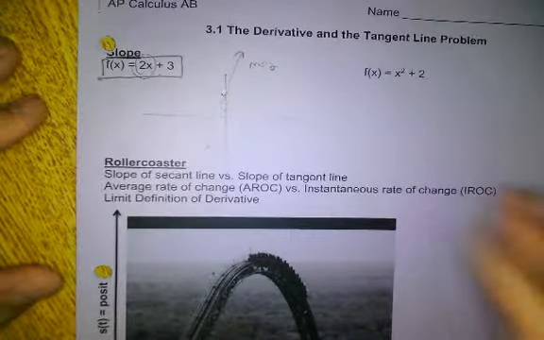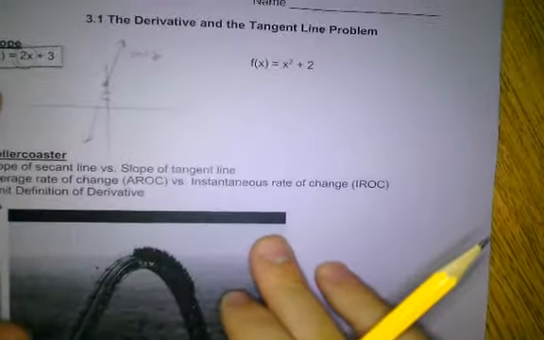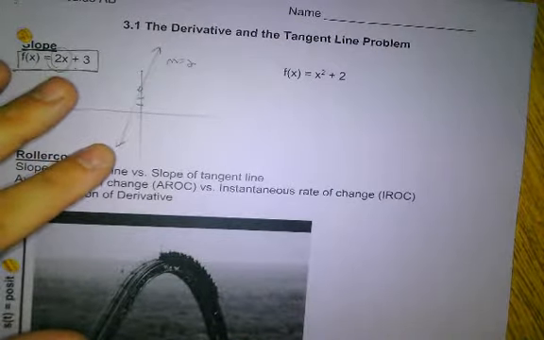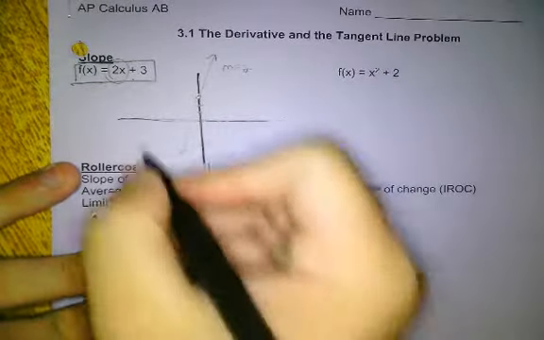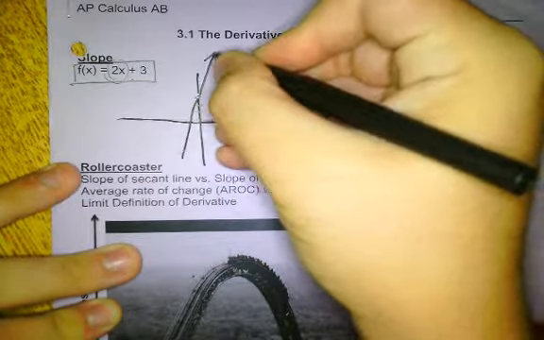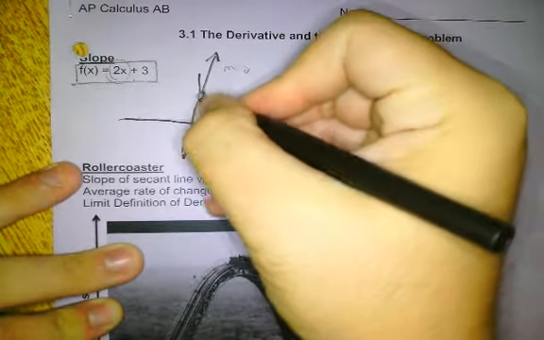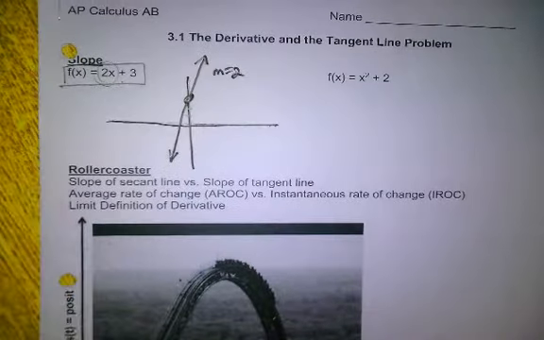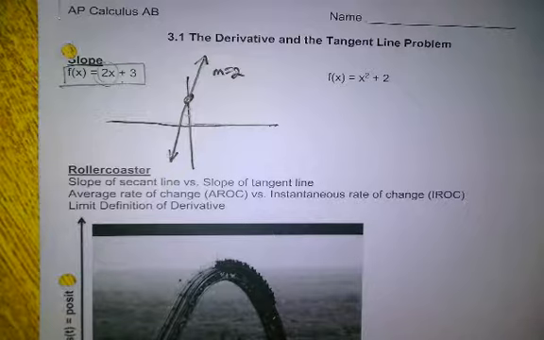This is better? Is that better? Okay, I'll do all the notes in black ink. I hope I don't make a mistake. Well, I am perfect, so that won't happen.